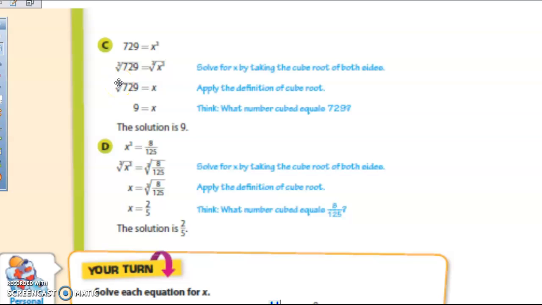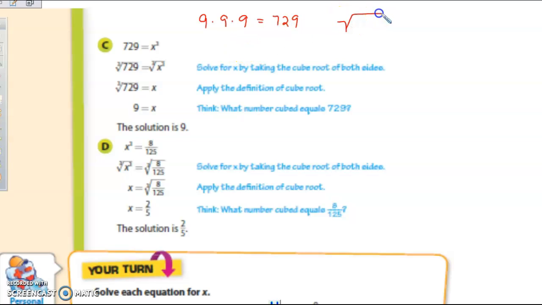So here I have 729 equals x cubed. So what I need to know is what number times itself 3 times gives us 729. I know that if I take 9 times 9 times 9, I'm going to get 729.